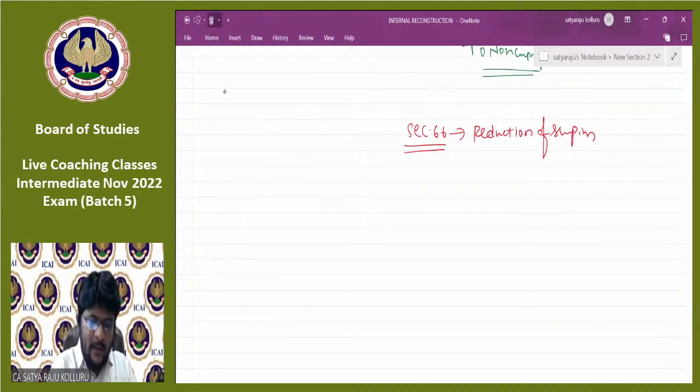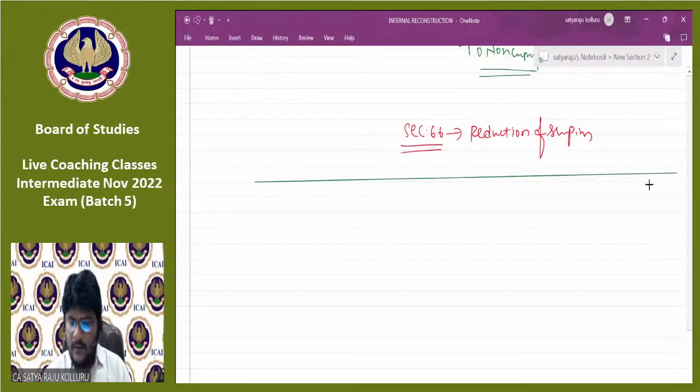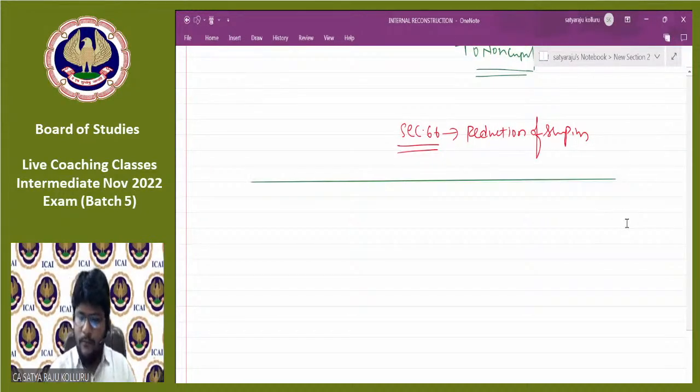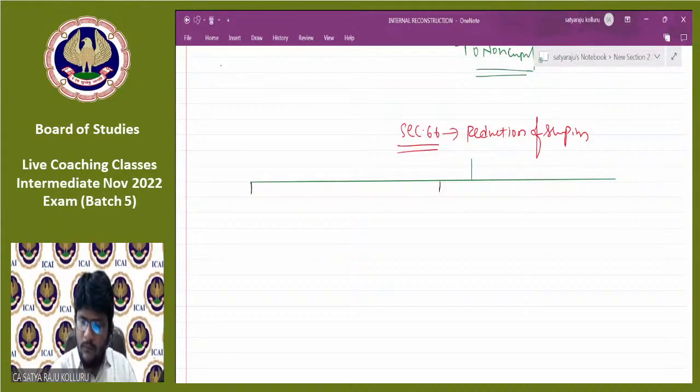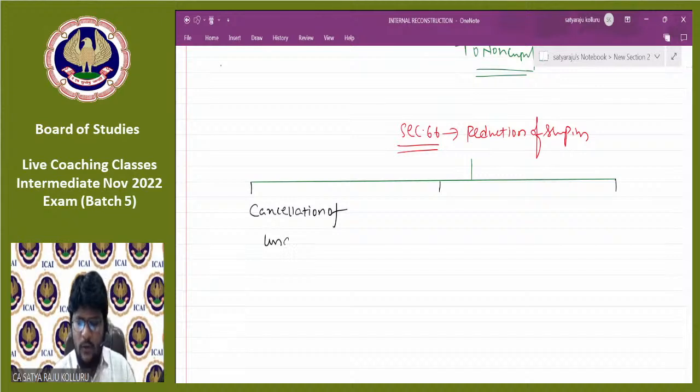Reduction of share capital may occur in three different ways. One is through cancellation of uncalled capital.